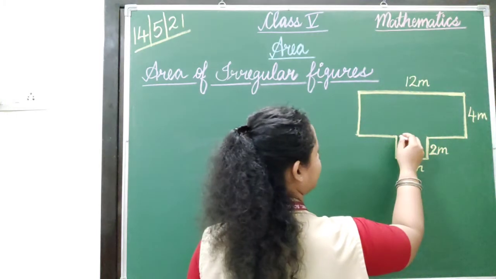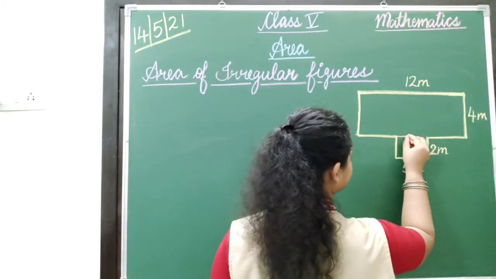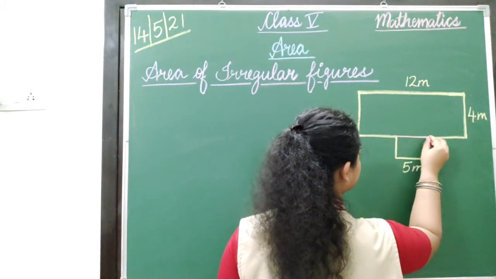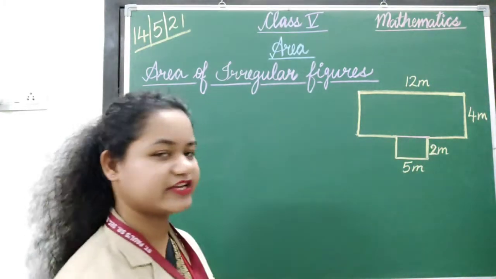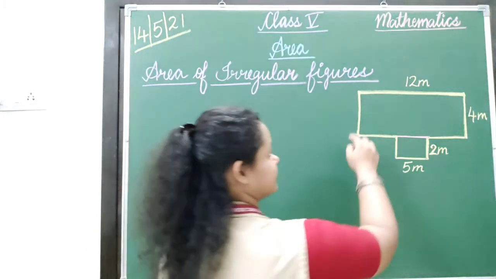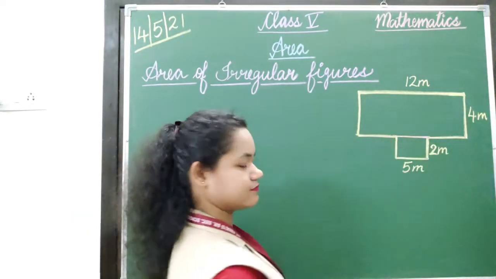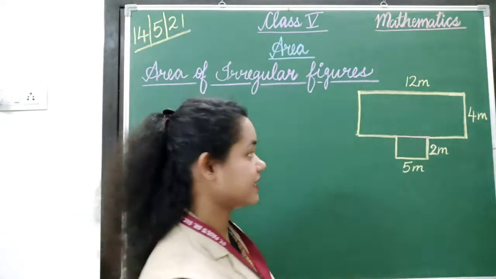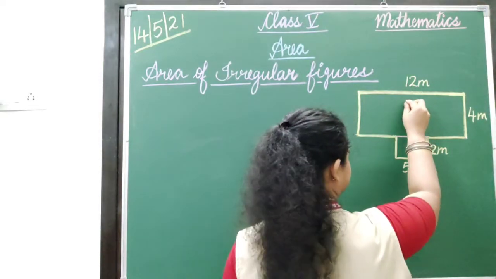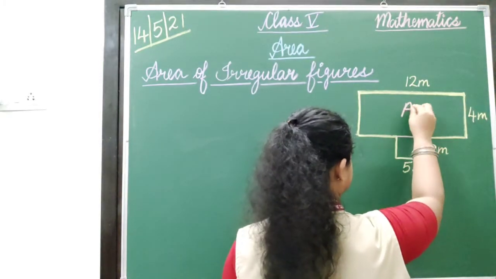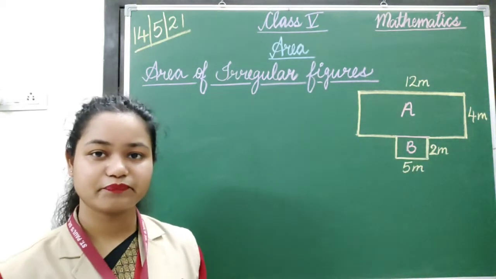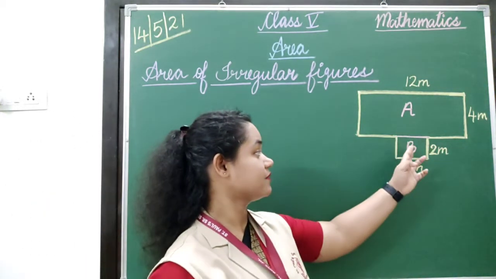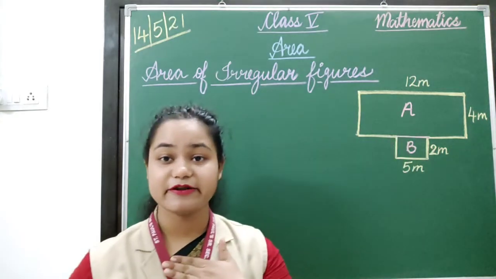Now if I join this line, this is a small rectangle, and this is a bigger rectangle. So, I can name this bigger rectangle as A and the smaller one as B. This I am naming for my convenience.